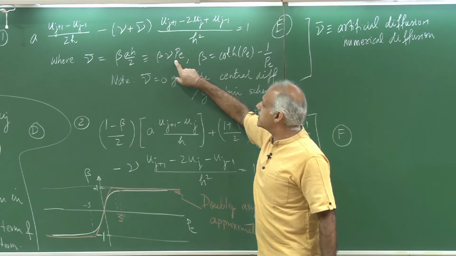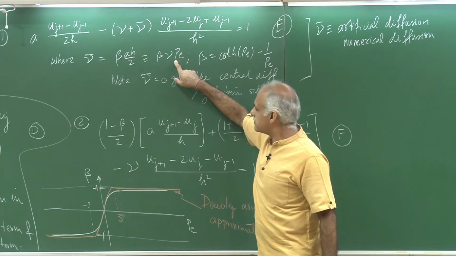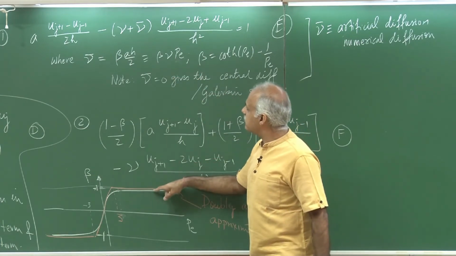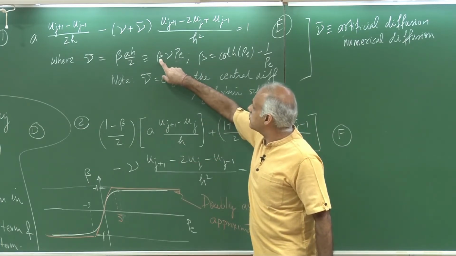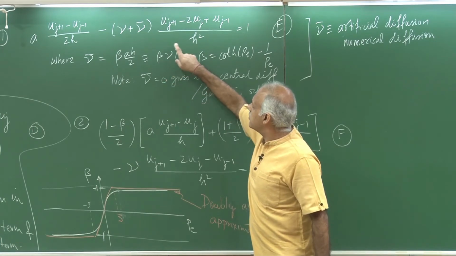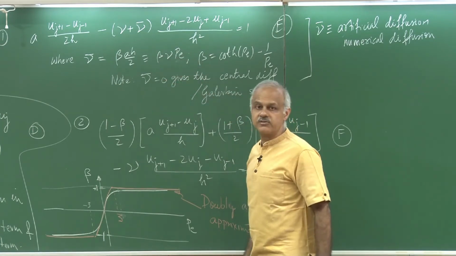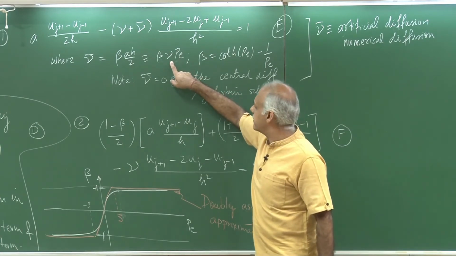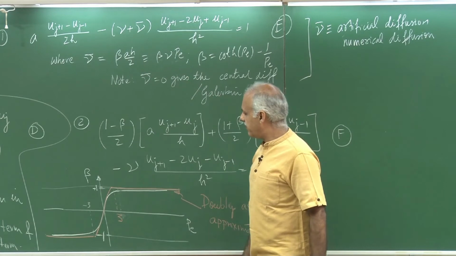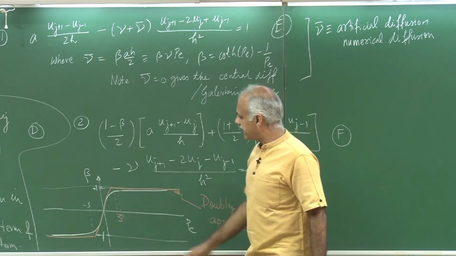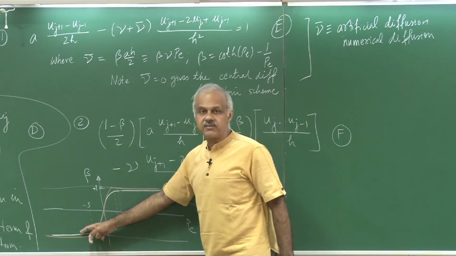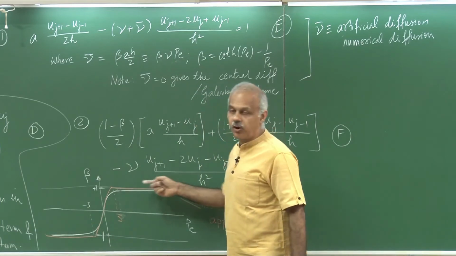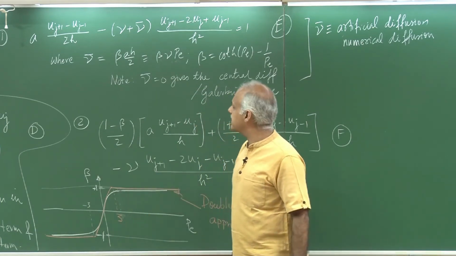When Peclet is very large, beta becomes plus 1. Then you would have to add a numerical diffusion that would be simply given by this number nu times Peclet. When your Peclet number is largely negative, that means the advection is in the opposite direction, the negative x direction.